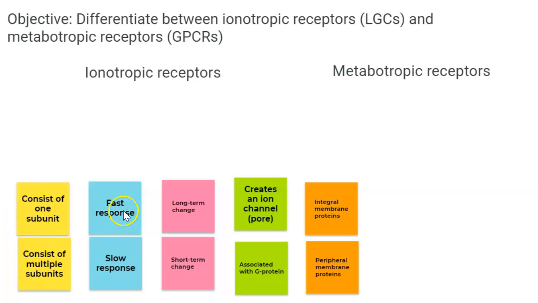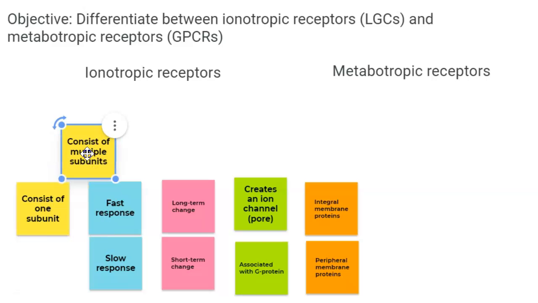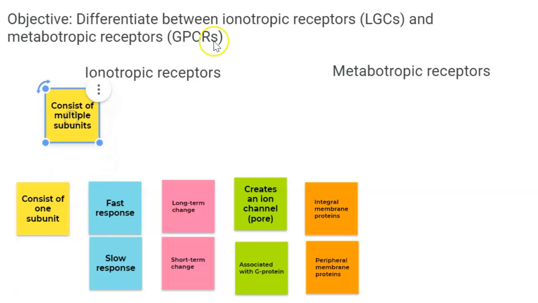How many subunits? How fast is the response? How long does the change occur? What they're associated with, and then whether they're integral membrane proteins or peripheral membrane proteins, the receptors themselves. So pause and put these where you think they go. So for the number of subunits, the ionotropic receptors have multiple subunits.